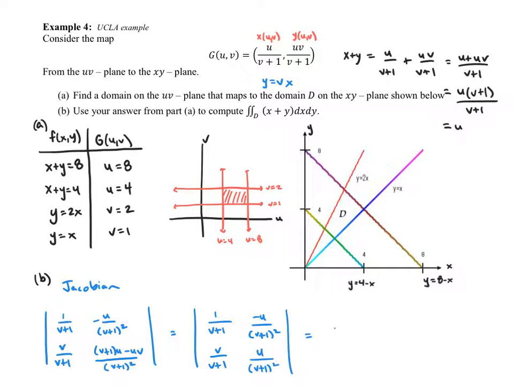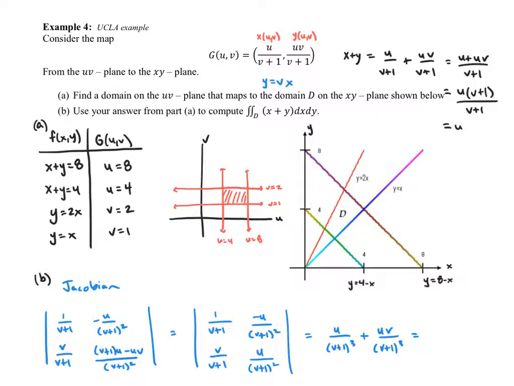Okay, so then what we get is u divided by v plus 1 cubed minus a negative, so plus uv divided by v plus 1 cubed, and now we'll do the same thing as we did up here when we were looking at combining x plus y.